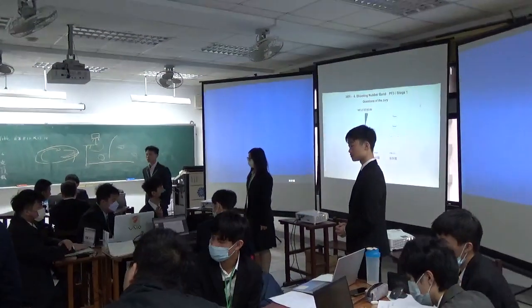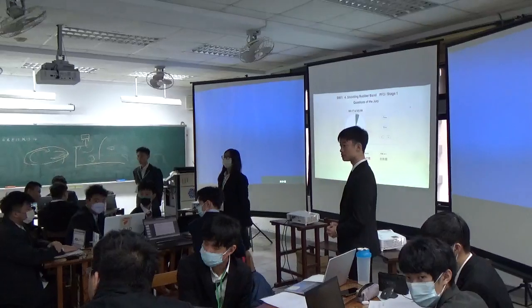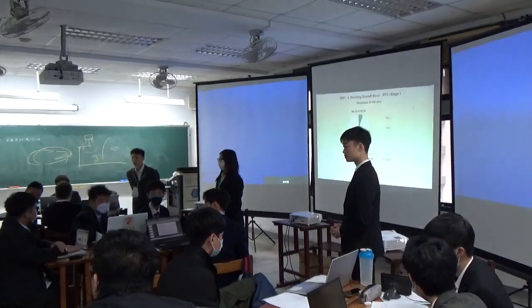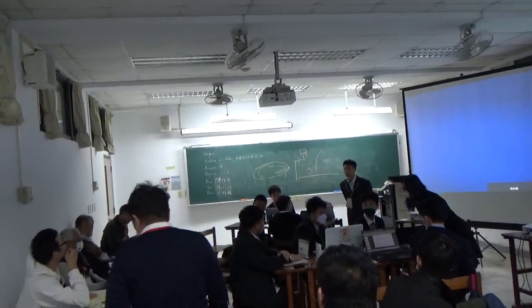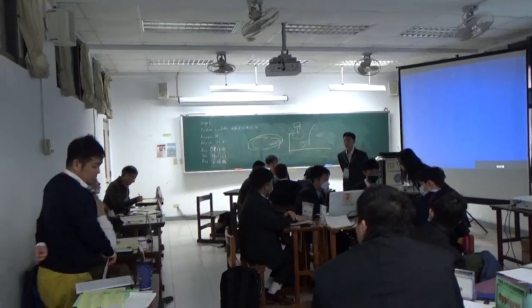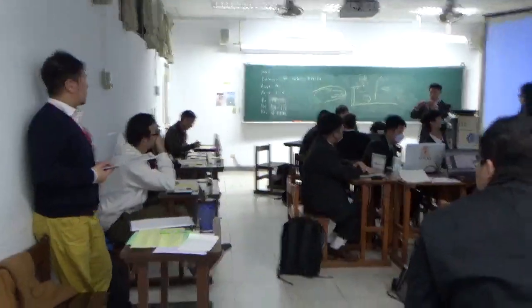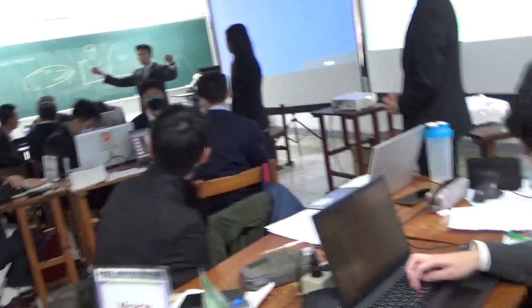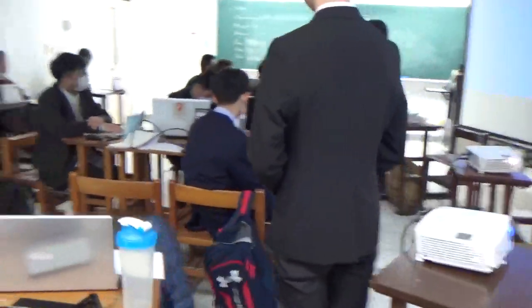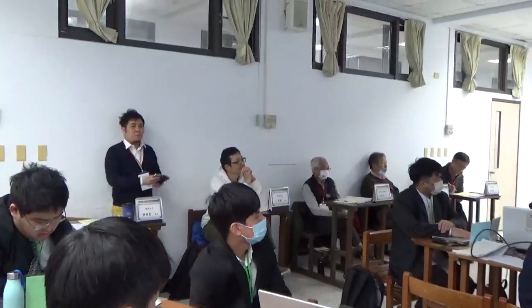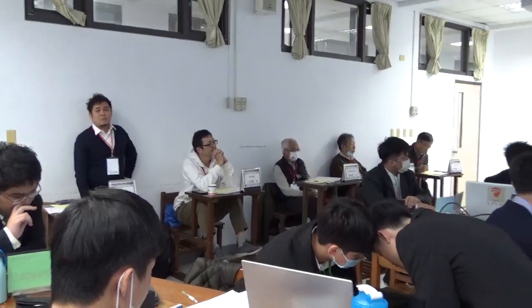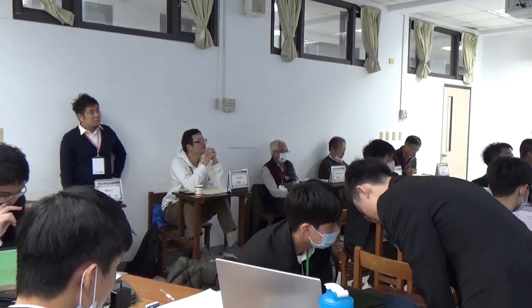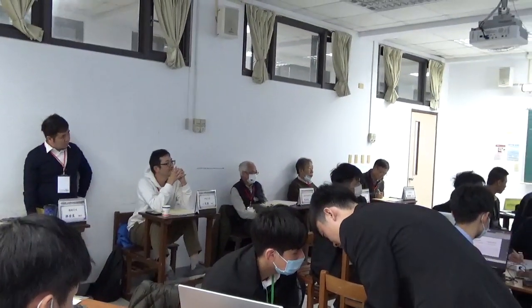So, first question for the reporters. You use Hooke's law to model the rubber band. Do you think it's a good model, or is there any case where it's not applicable to the rubber band? If we stretch our rubber band too much, the cross-sectional area of the rubber band will decrease. In our case, the decrease of the cross-sectional area is not very obvious.